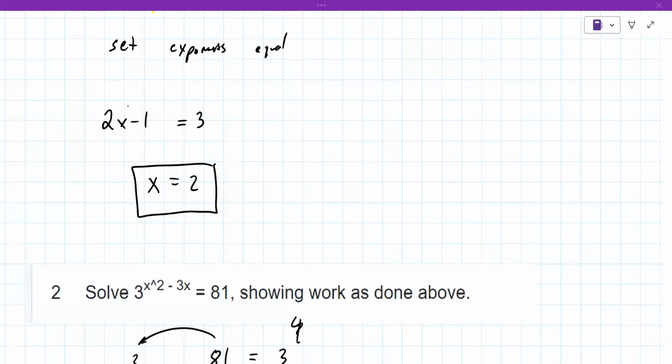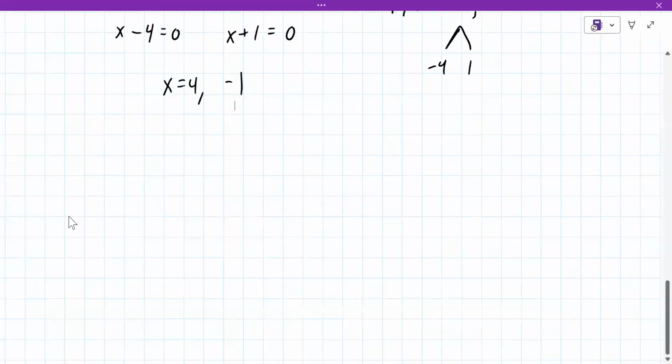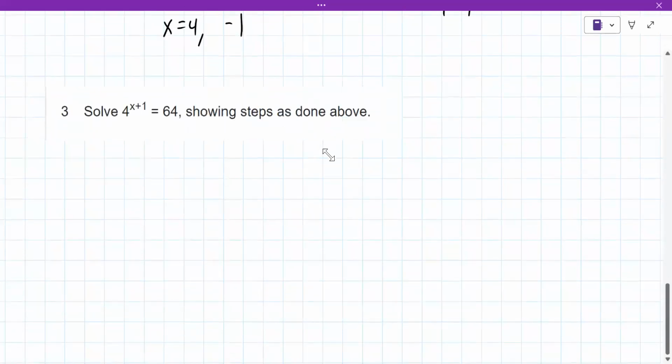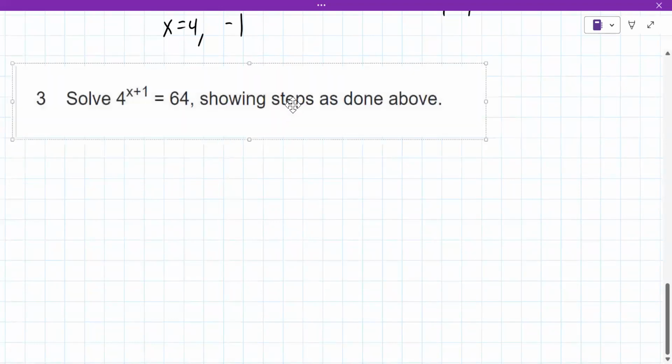So this is one of the few times where I can give you a problem and say, hey, we have done 2 examples. It's different numbers, but I'd like you to try solving this. And the hint here is that you're going to make 64 into 4 to some power. Got it.